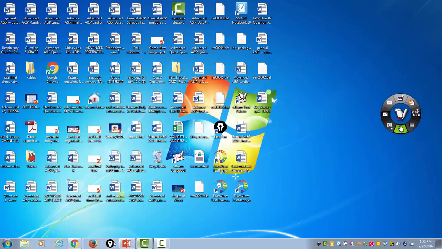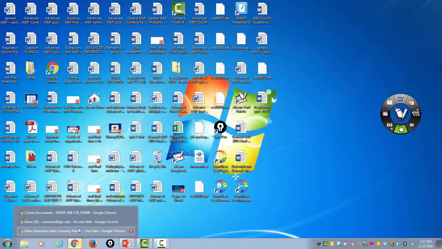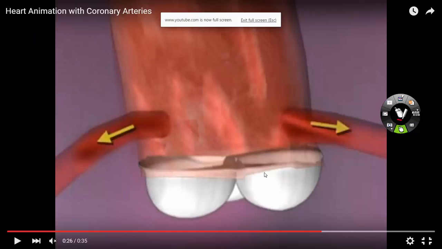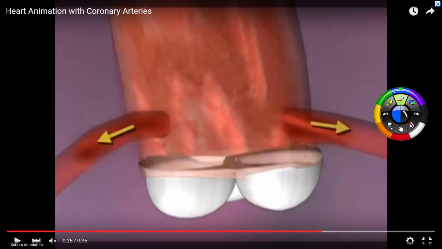And when the left ventricle relaxes, the O2-rich blood in the aorta is going to fall back down during ventricular diastole, relaxation, and it's going to snap the aortic valve shut.